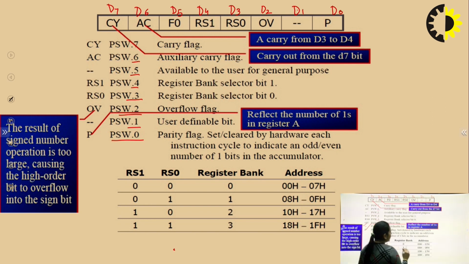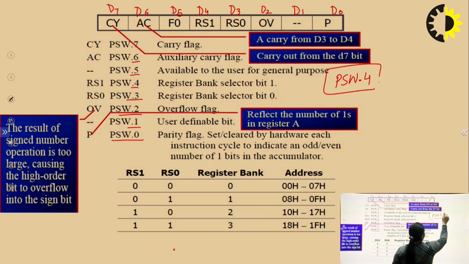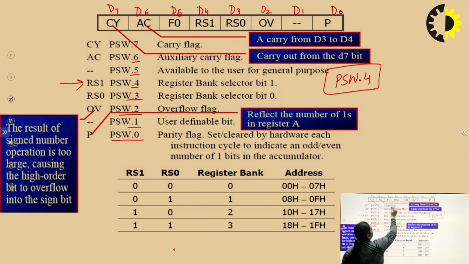So in exam, if a question comes where you have to find out the meaning of PSW.4, that means PSW.4 indicates the D4 bit of the flag register. So 0, 1, 2, 3, 4, 5, 6 and 7. At PSW.0, it is the parity.